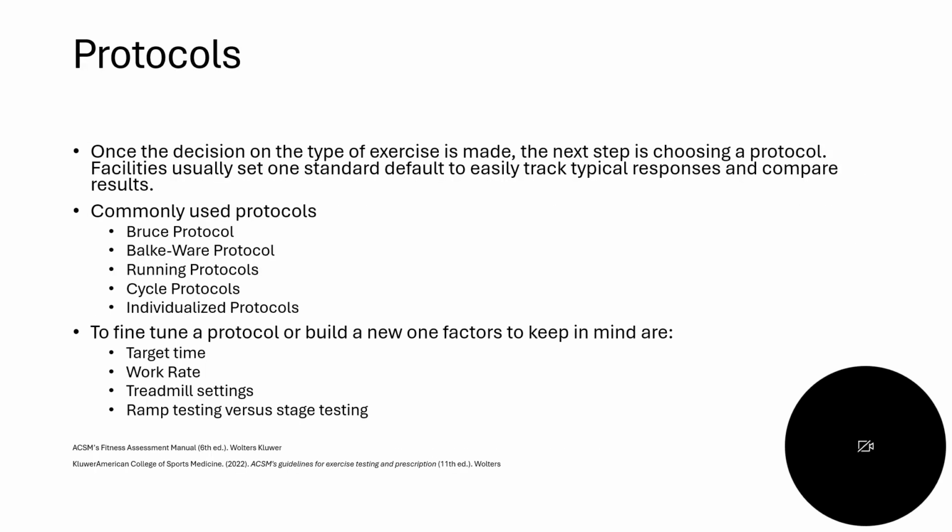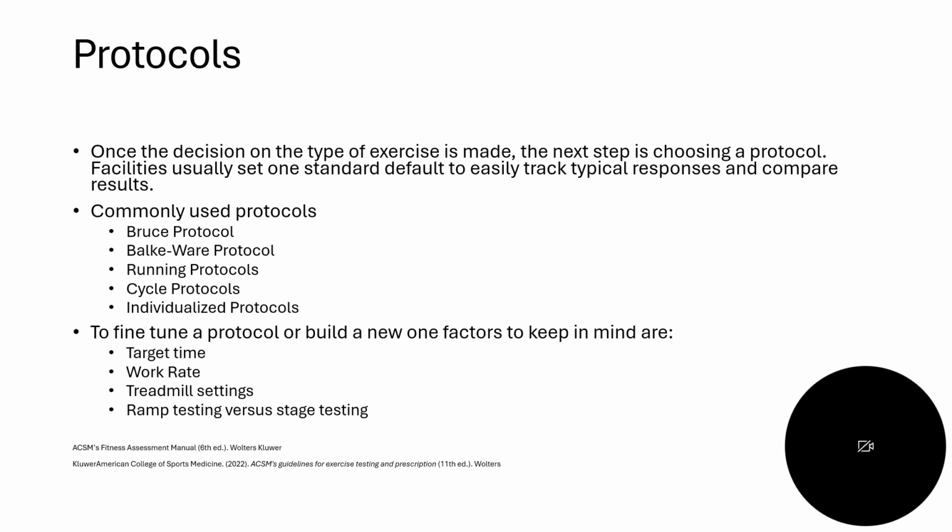Once the decision on the type of exercise is made, the next step would be choosing a protocol. And facilities usually set one standard default so that they can easily track typical responses as well as compare results. There are some commonly used protocols, such as the Bruce protocol, Balke-Ware protocol, running protocols, cycle protocols, and there are also individualized protocols.